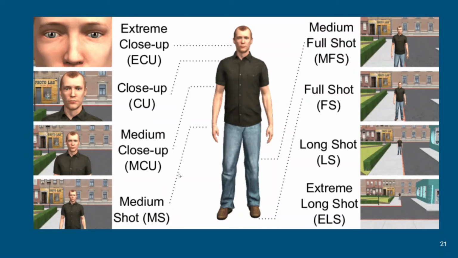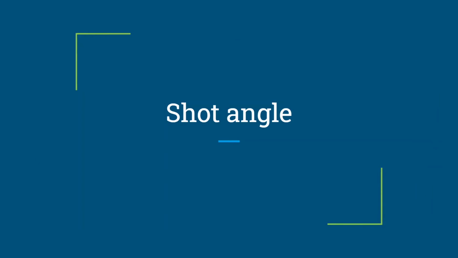It's like if you're saying, I want it close, not too close, but close, medium close-up. Medium shot, just hips up. Medium full shot, again, the verbiage is a little self-explanatory, I guess is the best way of putting it.